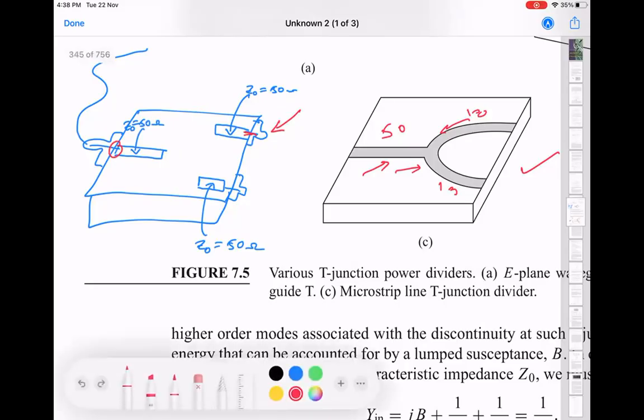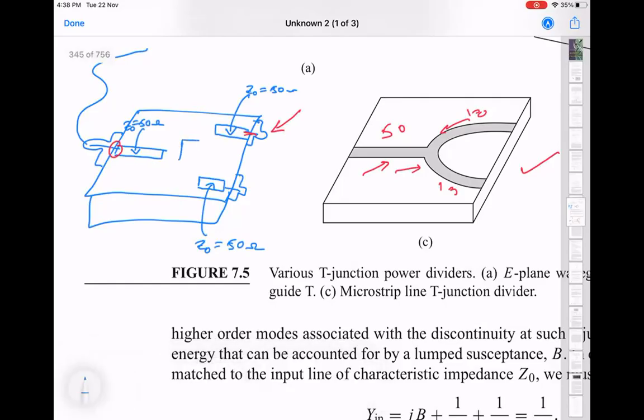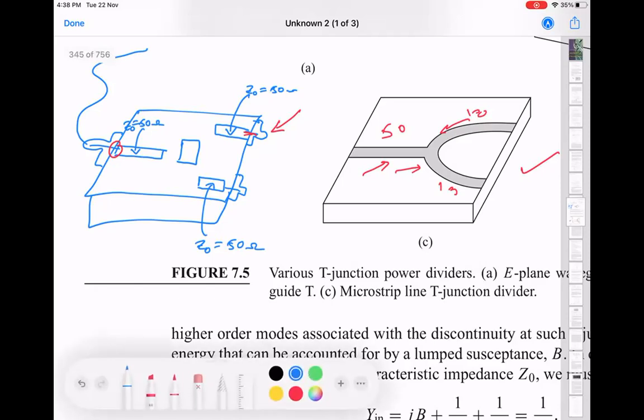In the middle, I'm going to put another patch of metal. So remember that all of these 50 ohm microstrip transmission lines are just a strip of metal on that surface, right? And then I need some resistors in here now.